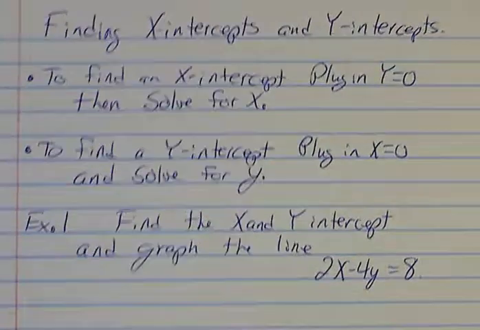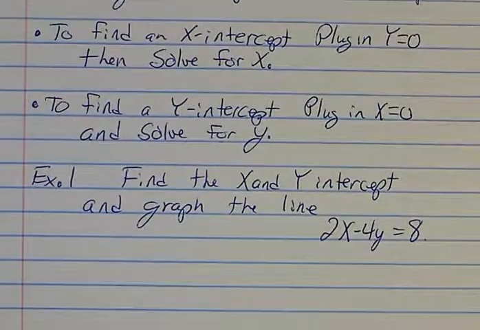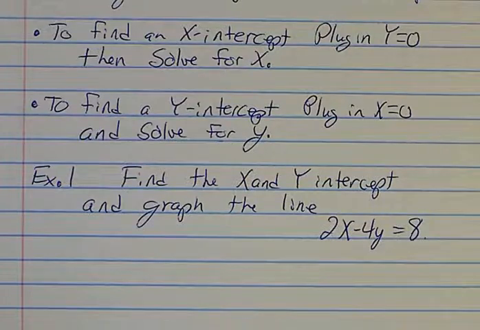The equation is 2x minus 4y equals 8. First we're going to find the x-intercept, then the y-intercept, and you're going to use those two values to help you find the graph of the line. It's a shortcut because once you get those two points on there, you just connect the dots and you're good to go. You don't have to worry about finding the slope and moving up and over.